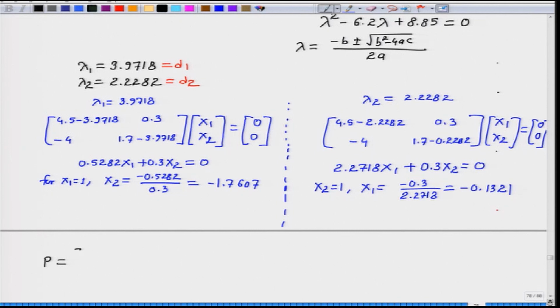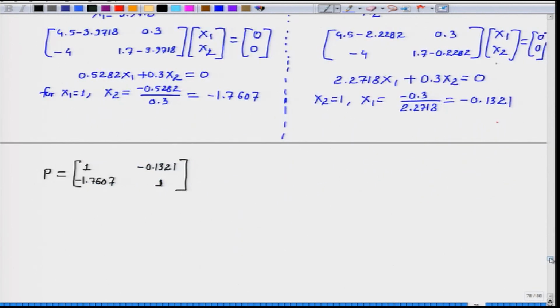So, we have obtained our matrix P here. We arrange the eigenvectors column by column. The first eigenvector is 1, minus 1.7607, and the second one is minus 0.1321 and 1.